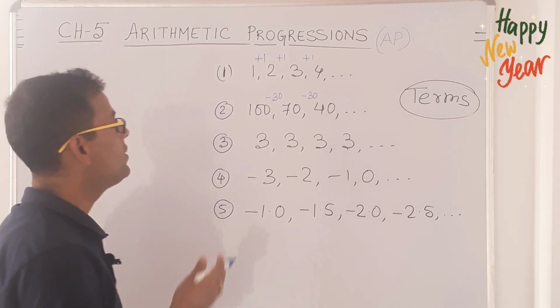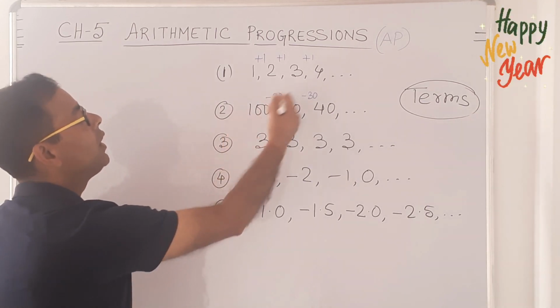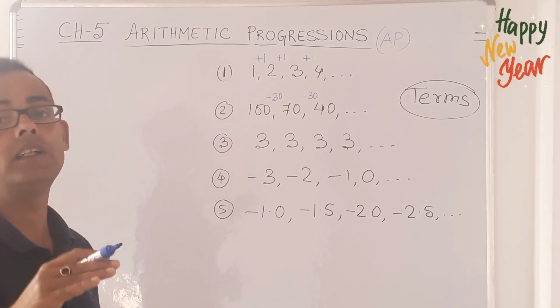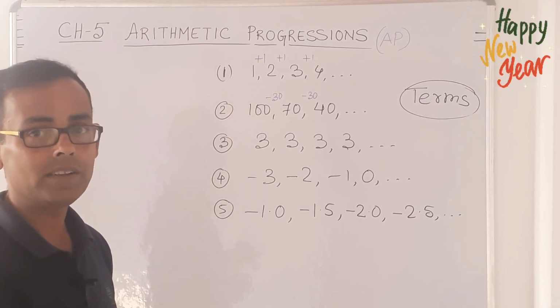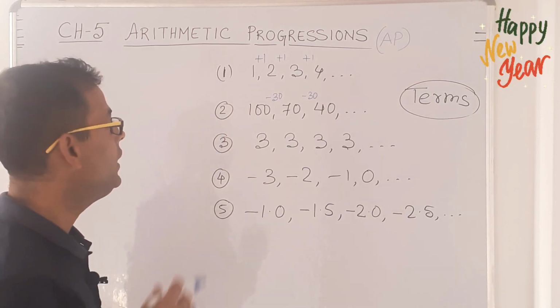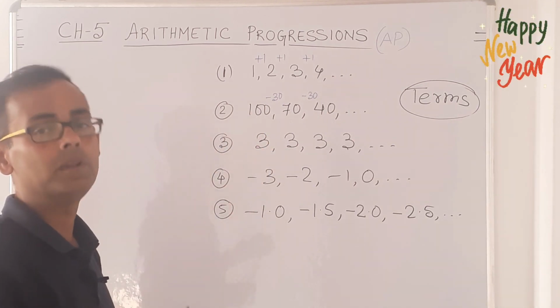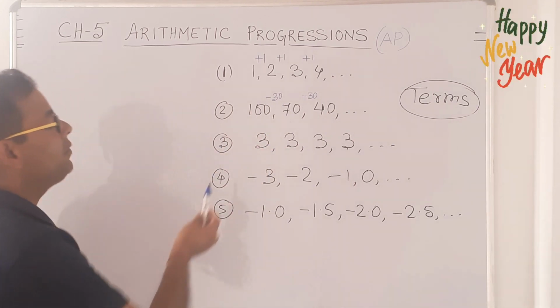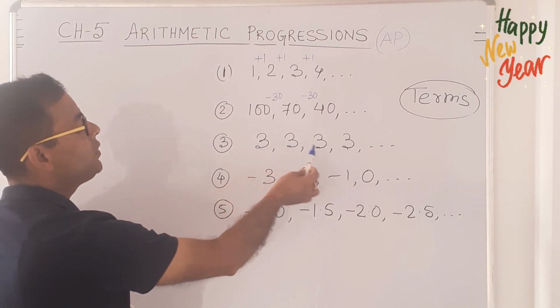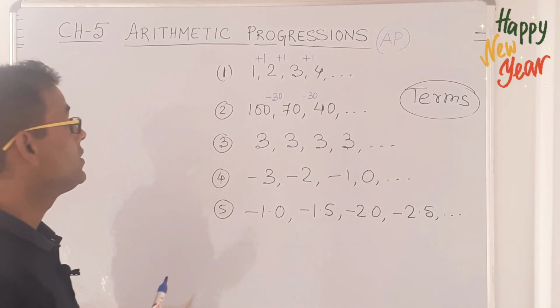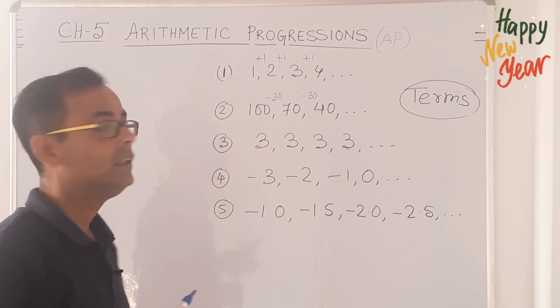That means before and after, which you have learned in the lower classes, is the same thing, only with a new name: preceding term, successive term. Again if you see here 3, 3, 3, 3. Now you will ask me, sir, what are you adding here?